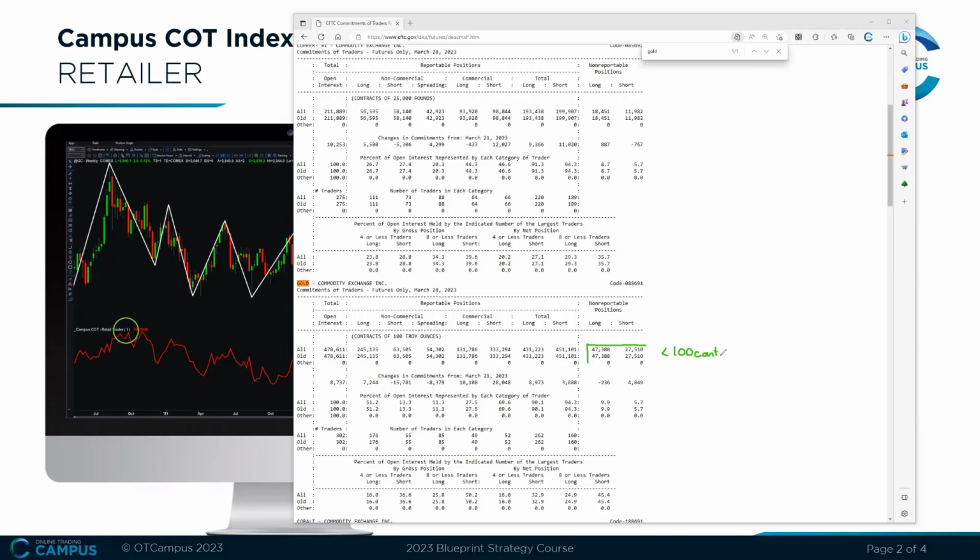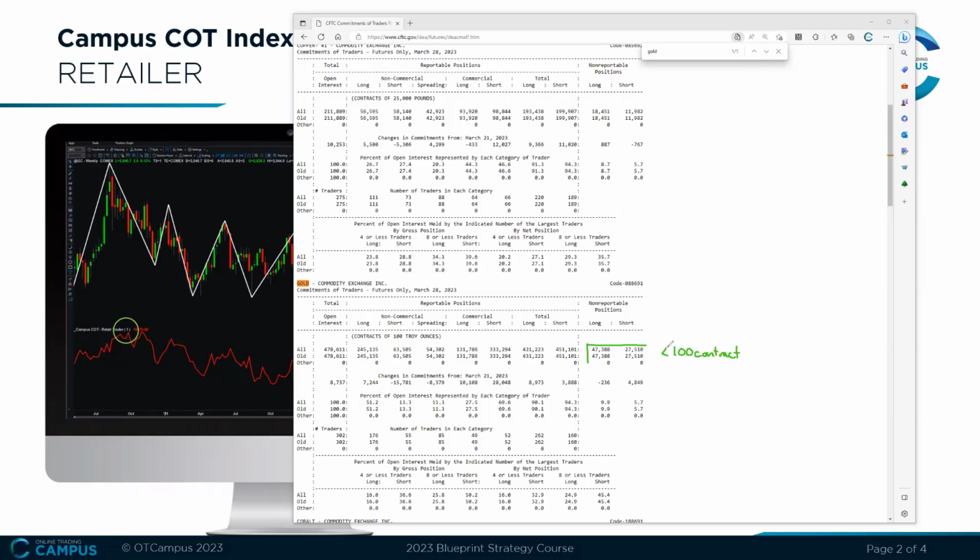Because if you talk about smaller markets like live cattle, lean hogs, or even wheat, there's not a lot of retail traders that trade that. And some of the retail traders that actually trade that are not retail traders. They're just disguising as retail traders because they're trading less than 100 contracts.